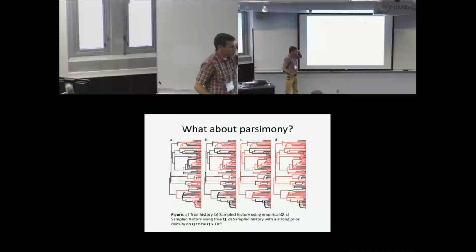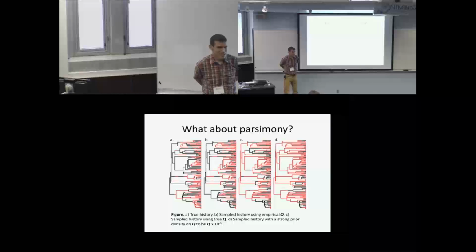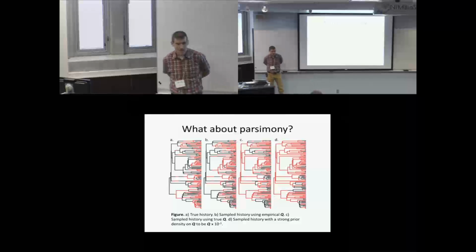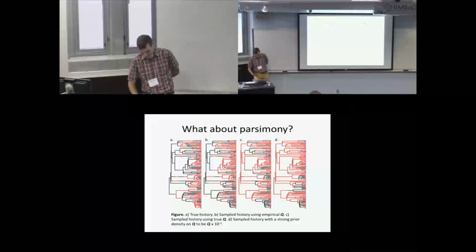But if our data suggests that the transitions occur frequently, then we're going to get too few transitions and too much confidence in ancestral states under parsimony. So I think that's true. I don't know if everything I've said is true. I'm sure that it isn't, but I think that part is correct.